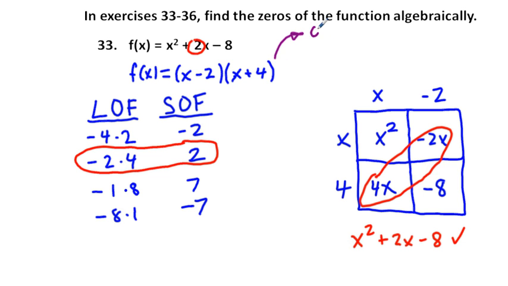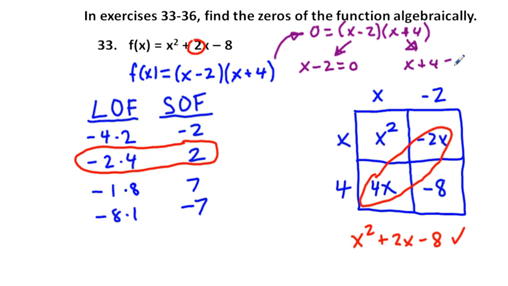Instead of f of x, I'm going to write 0 equals quantity x minus 2 times quantity x plus 4. And because of the zero-factor property of algebra, there's going to be a solution where x minus 2 is equal to 0, or where x plus 4 is equal to 0.